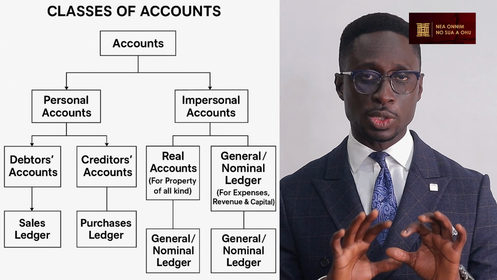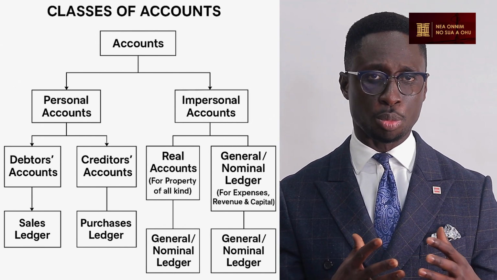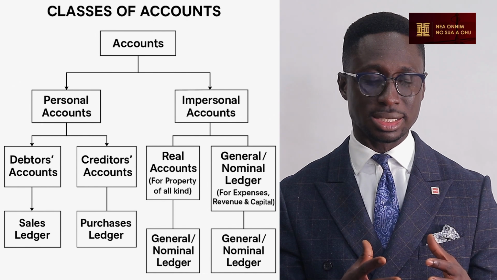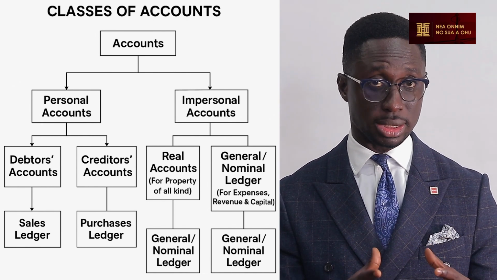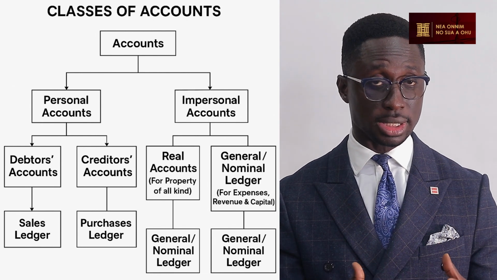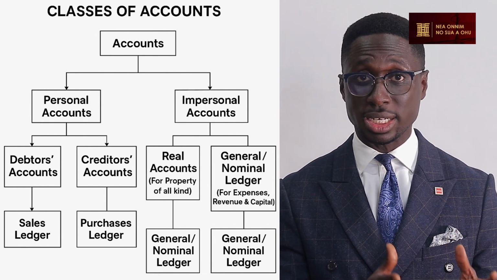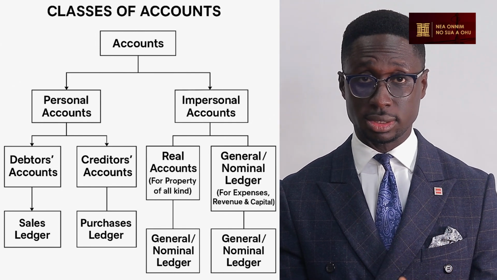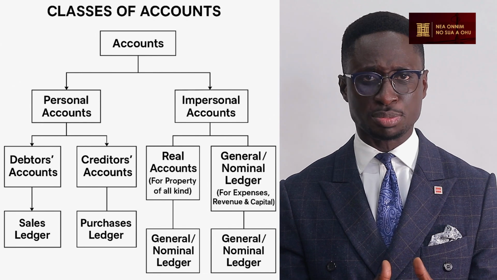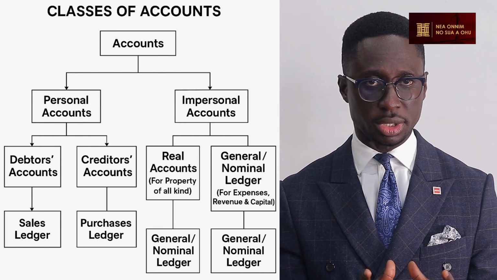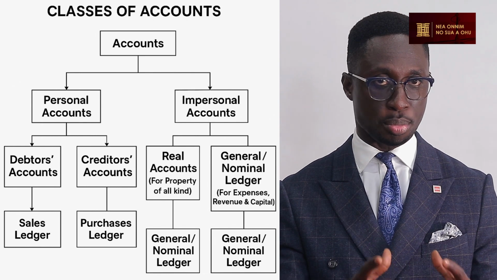Why these names? The real accounts are typically used for recording or processing transactions that have got to do with actual property. Typically you would find all kinds of property like property, plant and equipment, PPE, fixed assets, intangible assets, investment property, inventory. You see, these are asset accounts which are property.